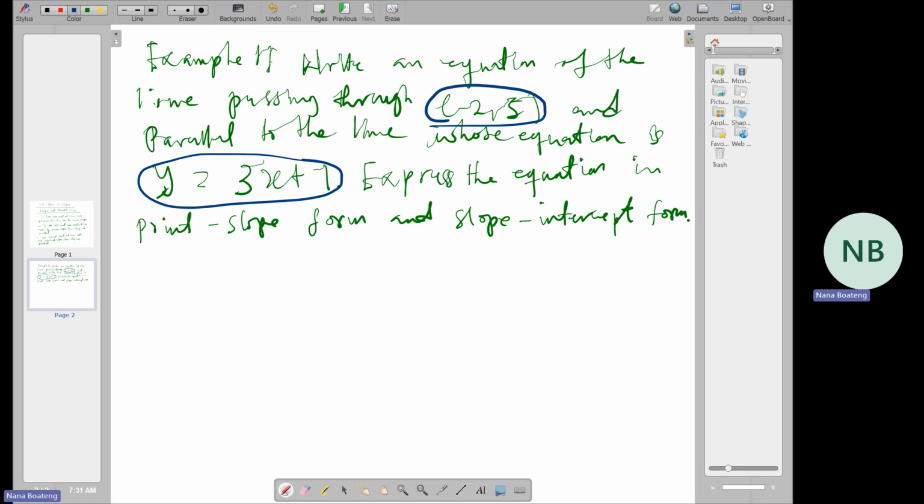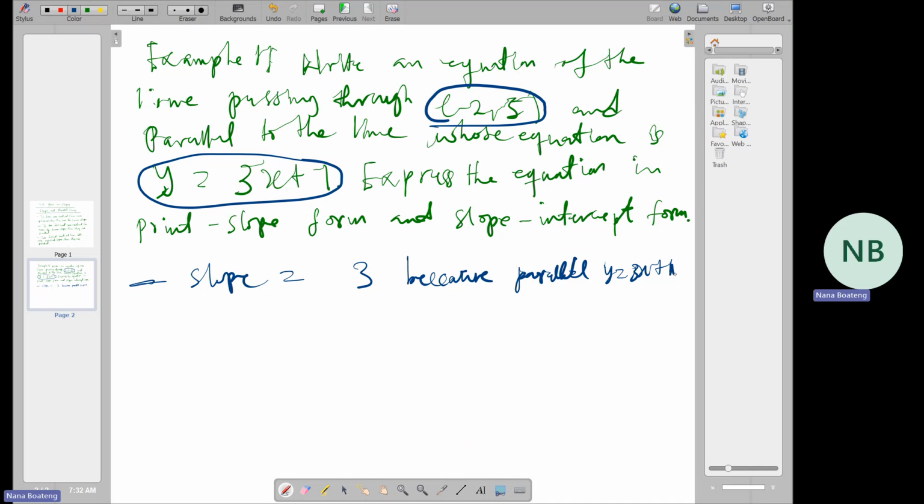That means the slope of the line that passes through the point (-2, 5) is equal to 3, because it's parallel to y = 3x + 1.